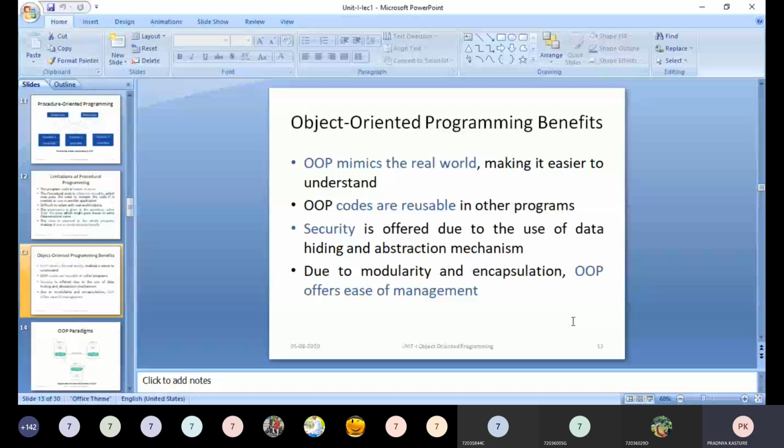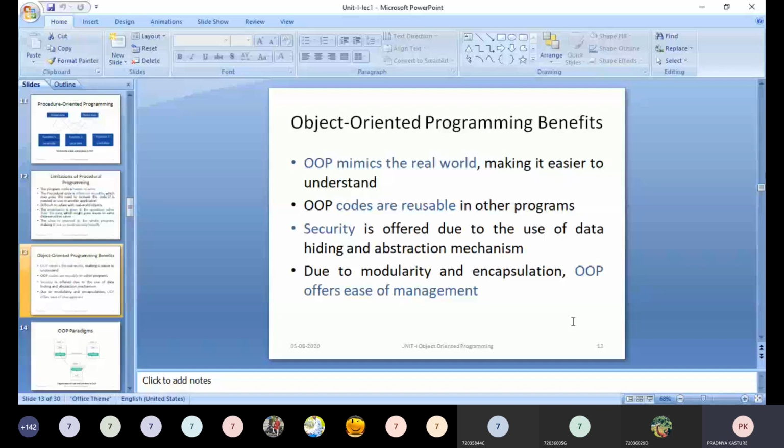Then there is the security offered through data hiding and the data abstraction mechanism. One more feature is added in OOP languages: security, an issue which was not addressed in procedural languages.